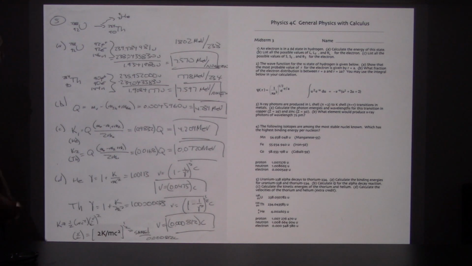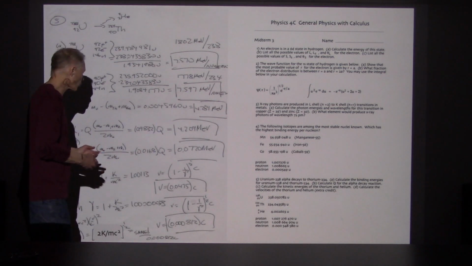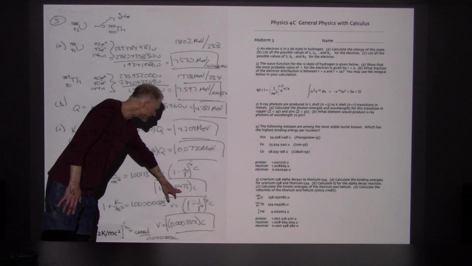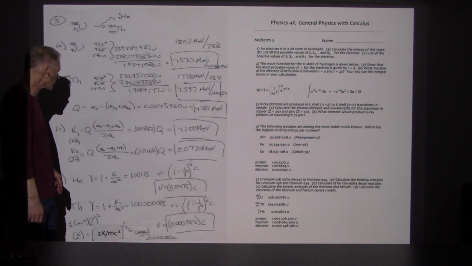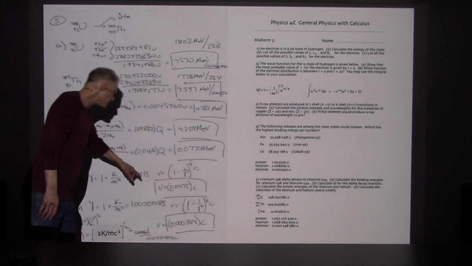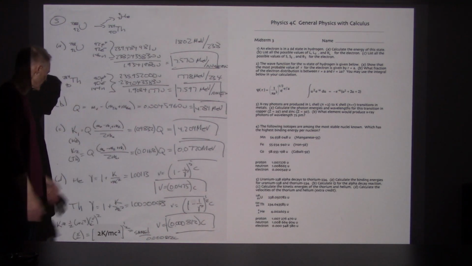So probably using relativity here is worth it. We're figuring to 3 significant figures, and it's going to be very reliable because it's getting up to 5% of the speed of light.